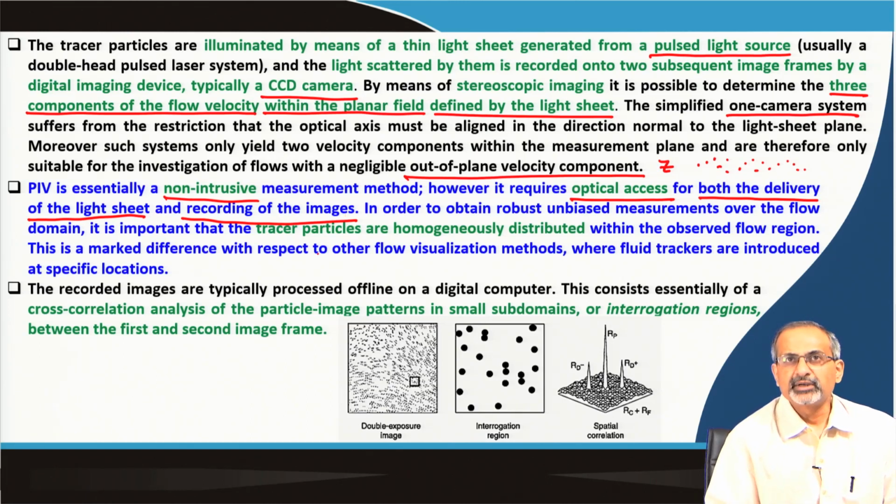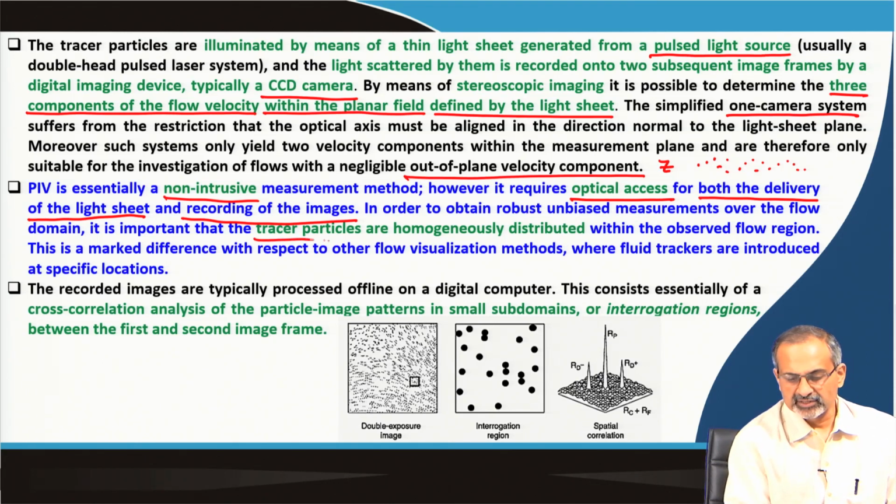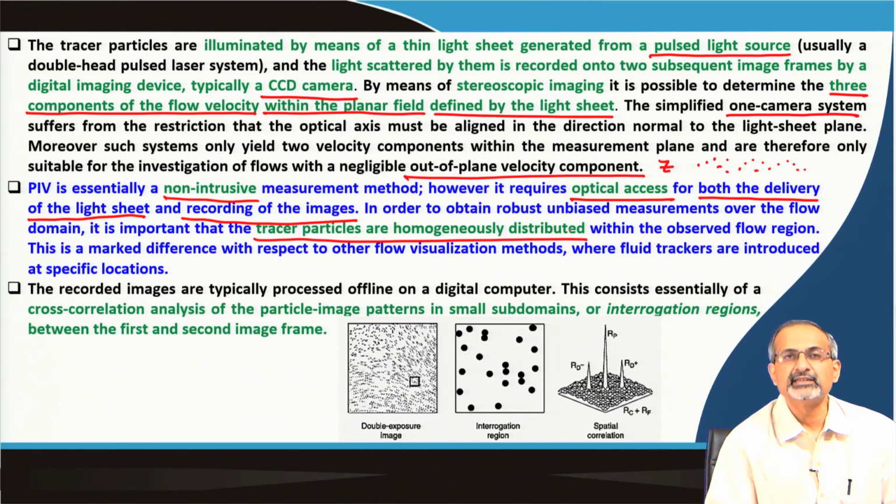In order to obtain robust unbiased measurements of the flow domain, it is very important that the tracer particles are homogeneously distributed. They have to be uniformly distributed all over the flow within the observed flow region.